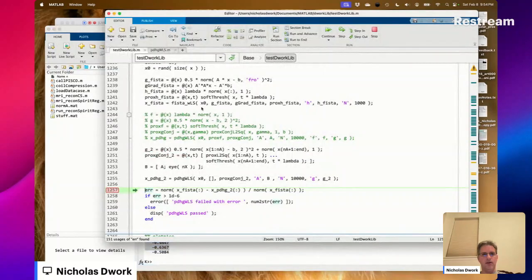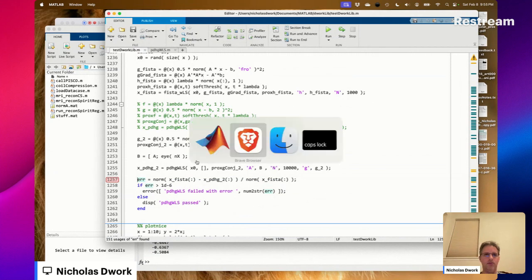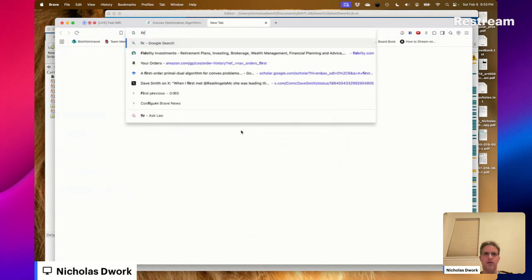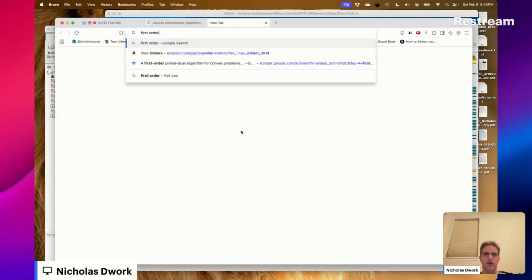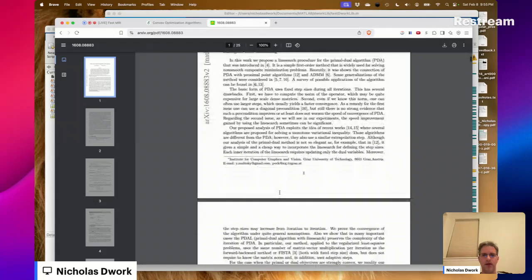This is outputting zeros. Is there something about this line search? Does it require F?